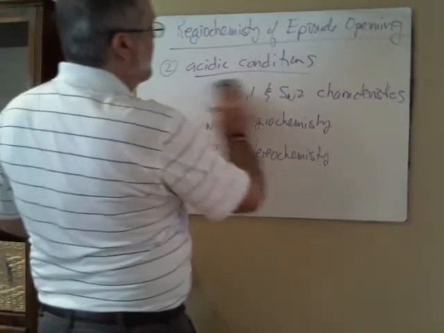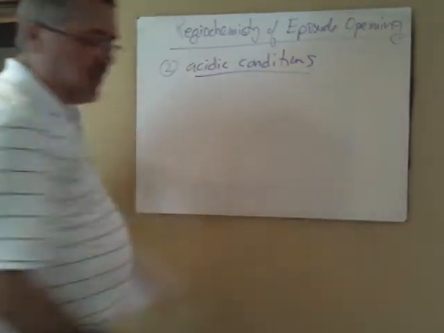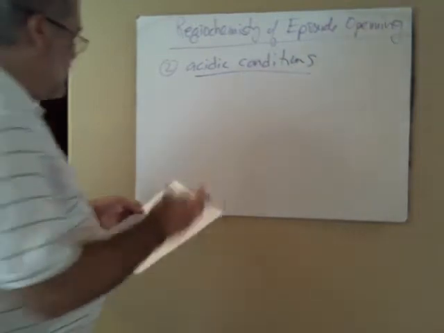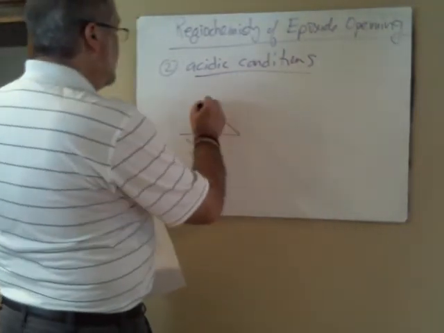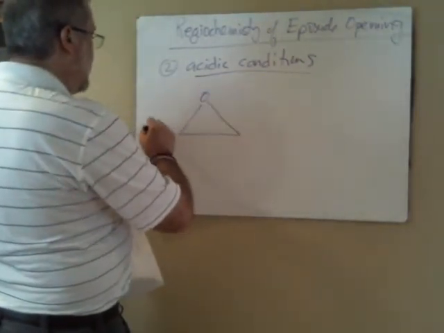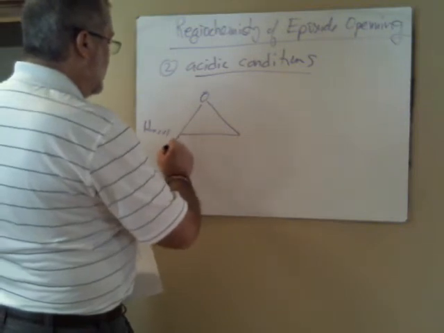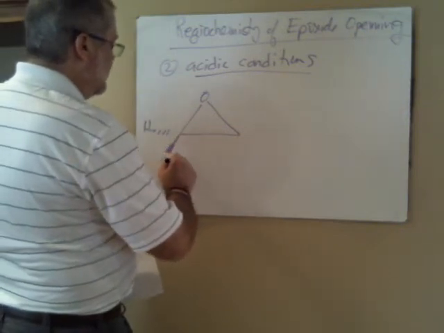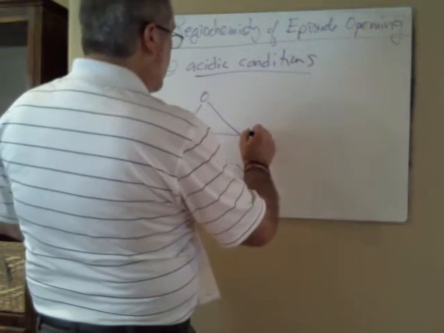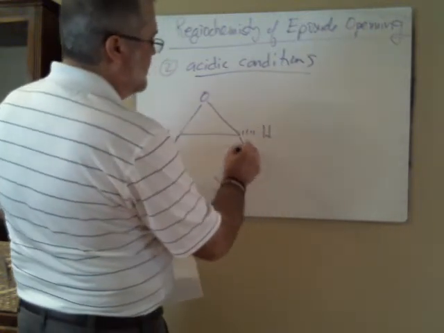So let's see how that would look when we actually do it on an epoxide. So again, I'll use an example of an epoxide. Let's put a methyl group on this side, and let's put just hydrogens on this side.